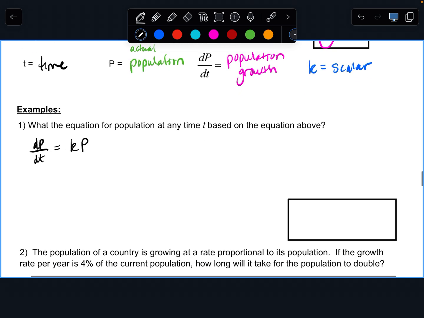So you want to put the P with all the dP, and I'm going to keep the k with the dt. If you want, you could remember there's always cross multiplying as an option. Essentially you're doing a little cross multiplying. So what ends up happening is you get 1 over P dP equals k dt once you separate it all.